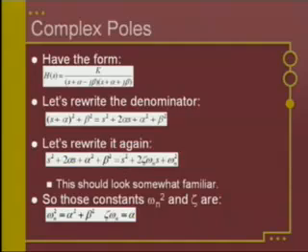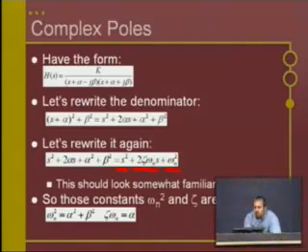It should look something like the equation that we had for second order RLC circuits, both series and parallel, where you have s squared plus 2 zeta omega n s plus omega n squared.